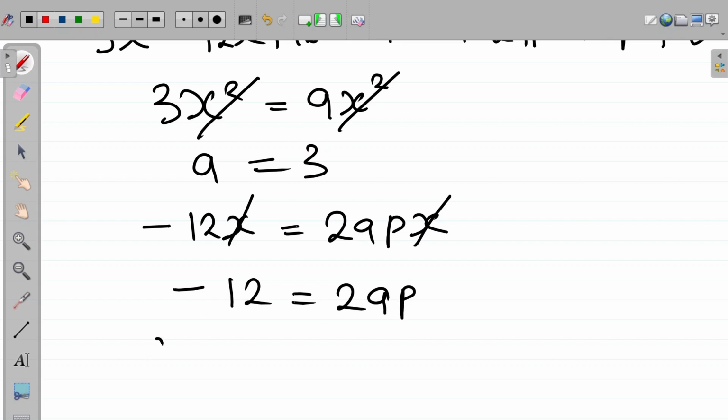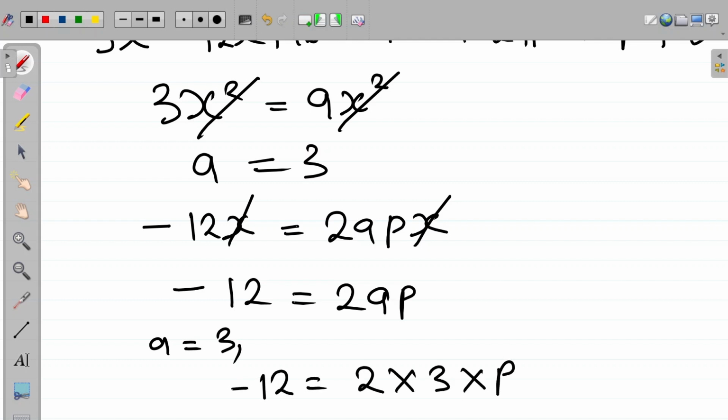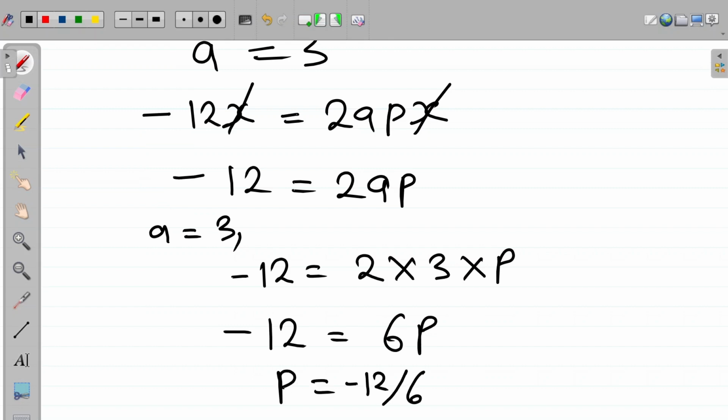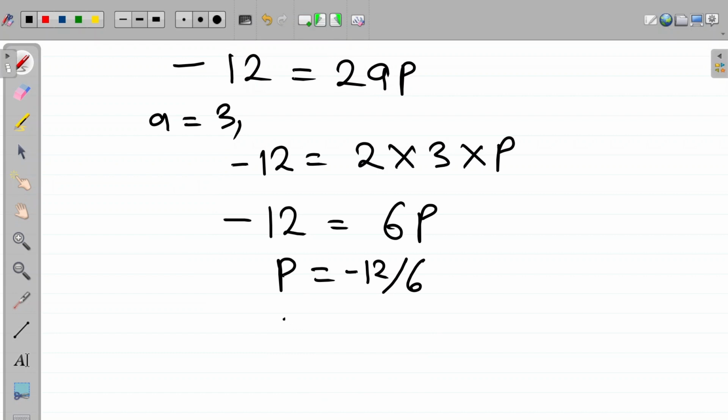But a is equal to 3. So we have that minus 12 is equal to 2 times 3 times p. So we have minus 12 is equal to 6p. So p is equal to minus 12 divided by 6. So p is equal to minus 2.